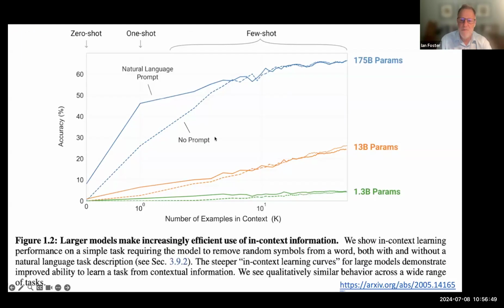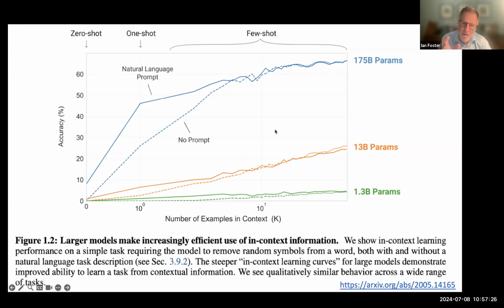Some people have studied this in some detail, looking at how well it works. I can't remember which model this is actually, but it doesn't matter too much. This is the number of examples provided in context. With no examples, zero shot, which is what I showed before, accuracy is only 10%. If you go up to one example, the accuracy for the larger model increases, and it continues to increase with more examples, up to 10 or 20 examples here.